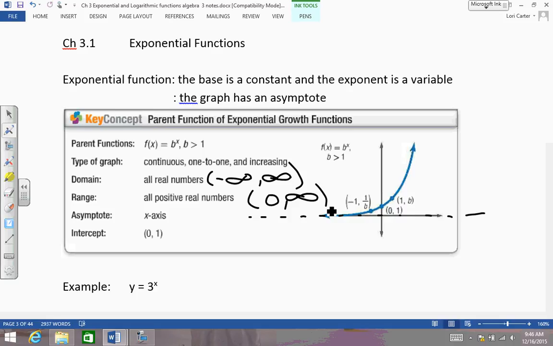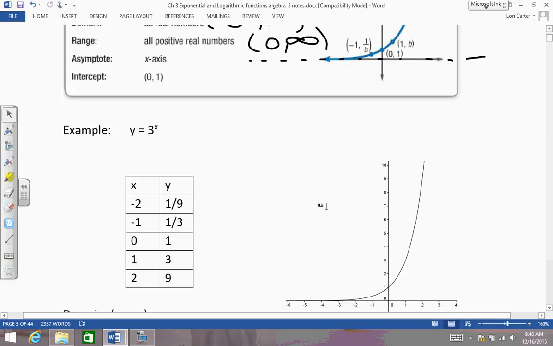Now, when you're graphing these, you're going to have an exponential growth function. It's exponential because your exponent is a variable. Now, the base is what tells you if it's a growth or a decay. If I take the absolute value of the base and get something greater than 1, it's going to be a growth function.